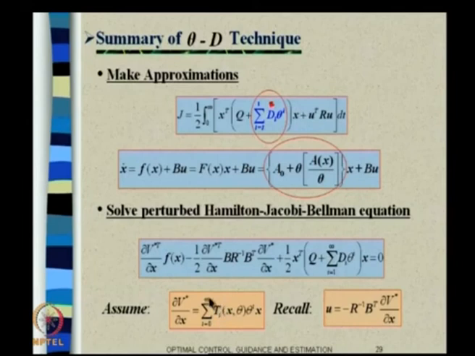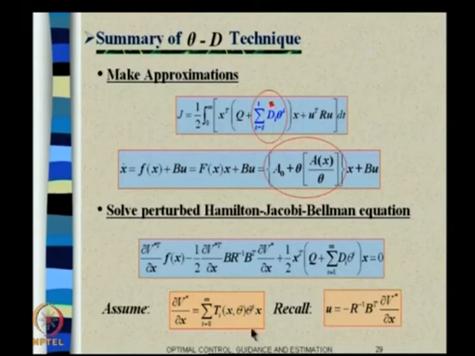What is done here is del V by del x, which is nothing but lambda actually. So del V by del x is expanded in terms of a power series on some additional variable theta. Okay. So, Ti happens to be a matrix where theta happens to be some sort of a scalar quantity, and it is like taking the motivation from the power series solution of the HJB equation actually.